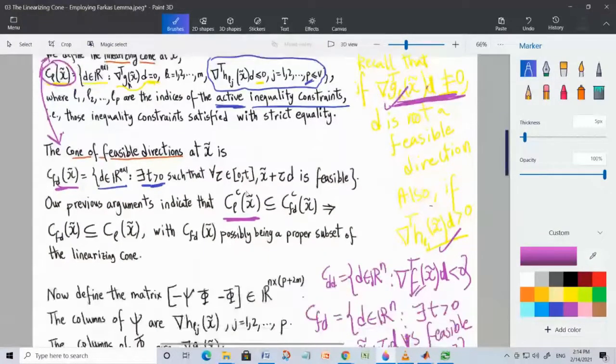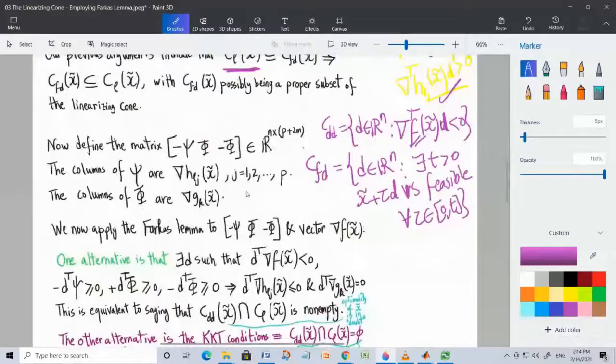Now let us define some matrices. We have a matrix psi whose columns are the gradients of the functions involved in the active inequality constraints. We have p of them.